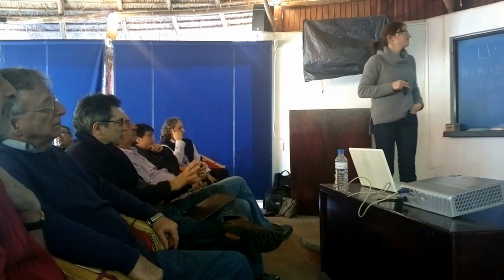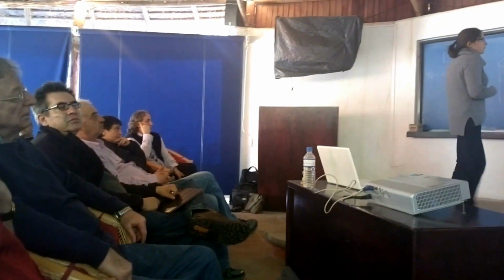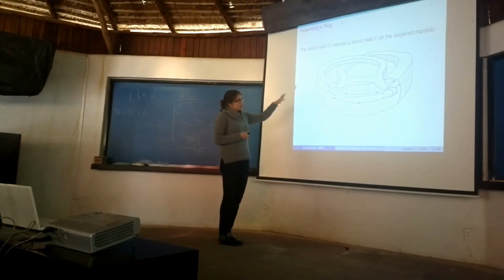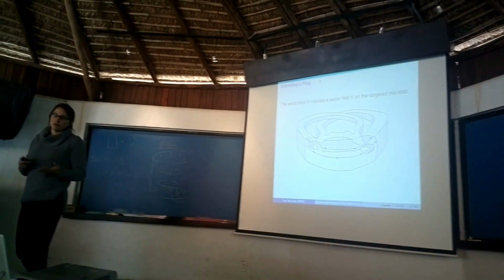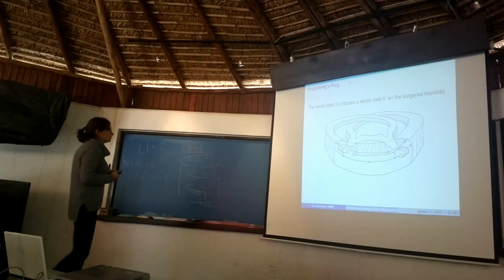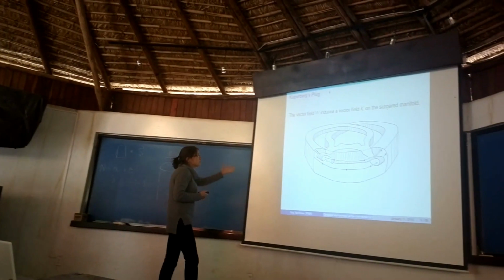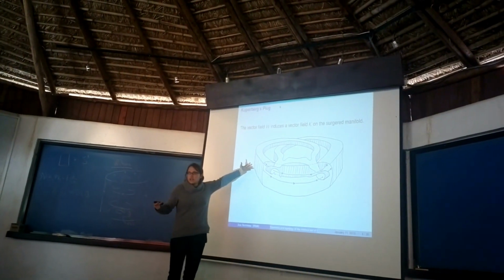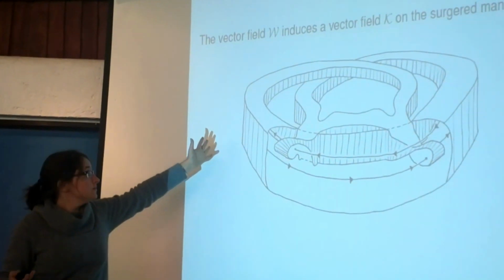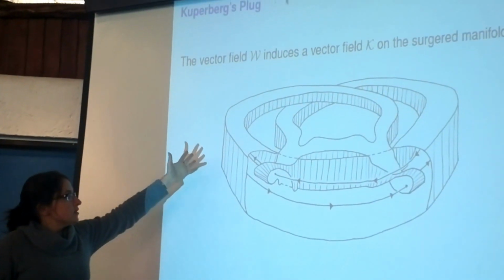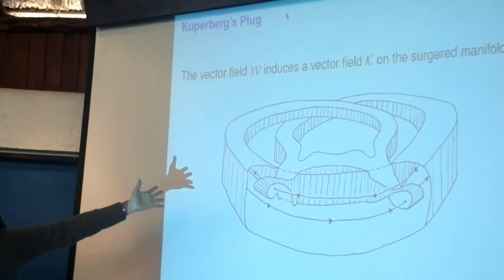No, it's not. But the important thing, so this is a plug. What I wanted to prove, to be a plug, I wanted the flow to be vertical near the boundary. I didn't change the flow near the boundary, so it's still vertical. And then, well, we have to prove the entry-exit condition.